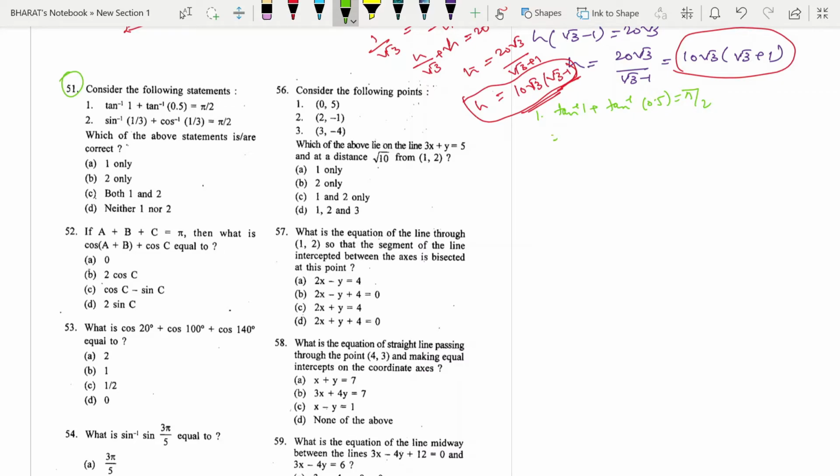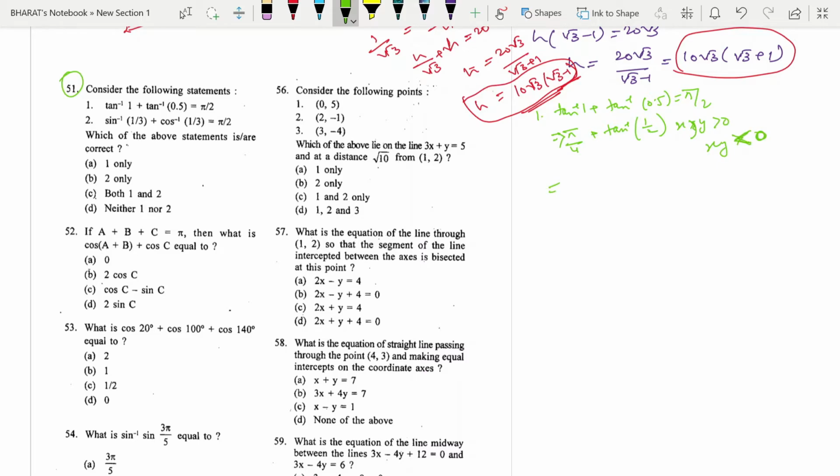Tan inverse 1 is pi by 4, we very well know that, and tan inverse half. We can do one thing also: can we apply the formula here? Both x and y are greater than 0 and xy is less than 1.